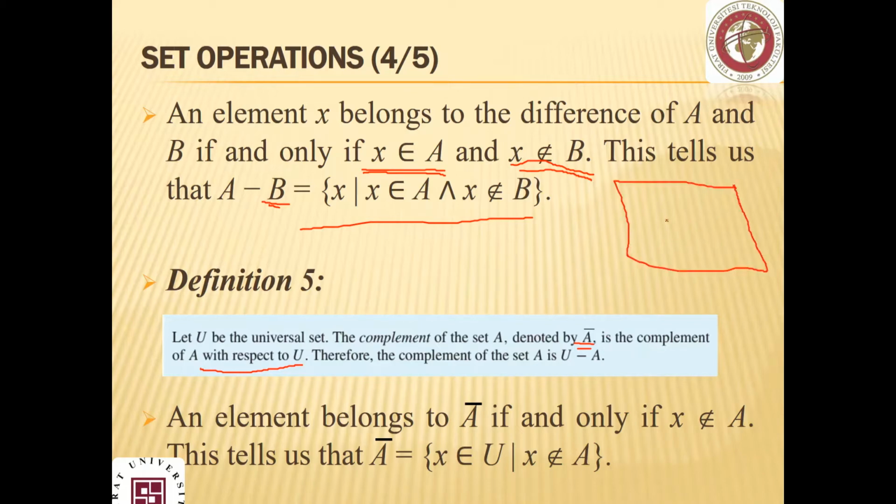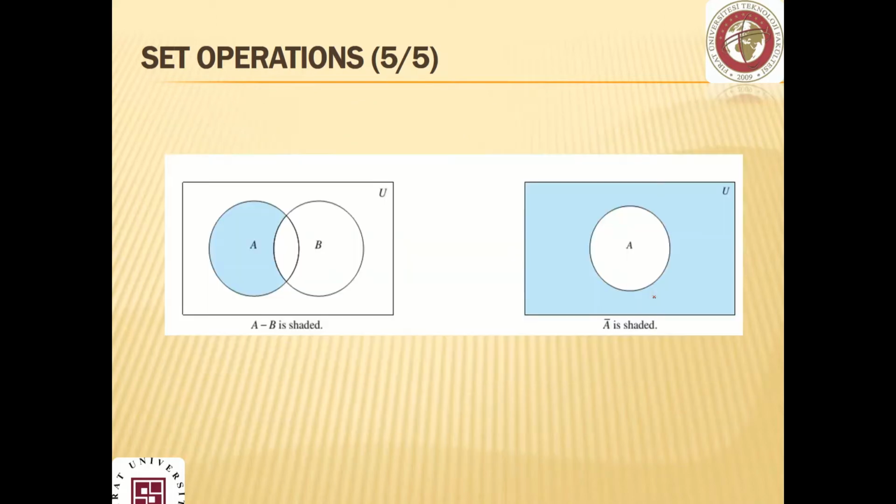If you draw it in this Venn diagram, this is A. So where else here? Outside of A. That would be A bar. Okay? That's the idea. All right. That's the definition. A bar is exactly all the elements X that belong to U, a universal set, such that X is not an element of A. So we left A empty in this case.